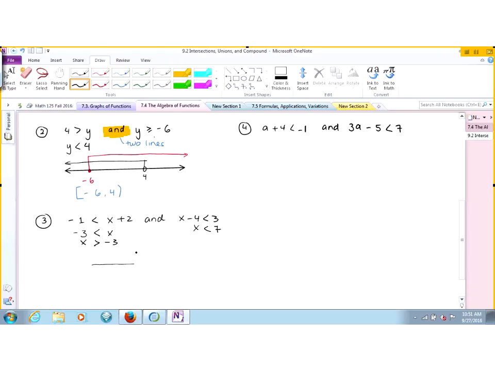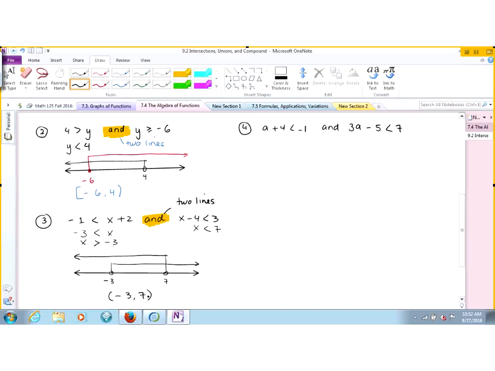All right. Okay, so negative 3 is open to the right. 7 open to the left. What is my solution? And remember, this is intersection. What does it mean? 2 lines? Okay. So my solution is negative 3, comma 7.